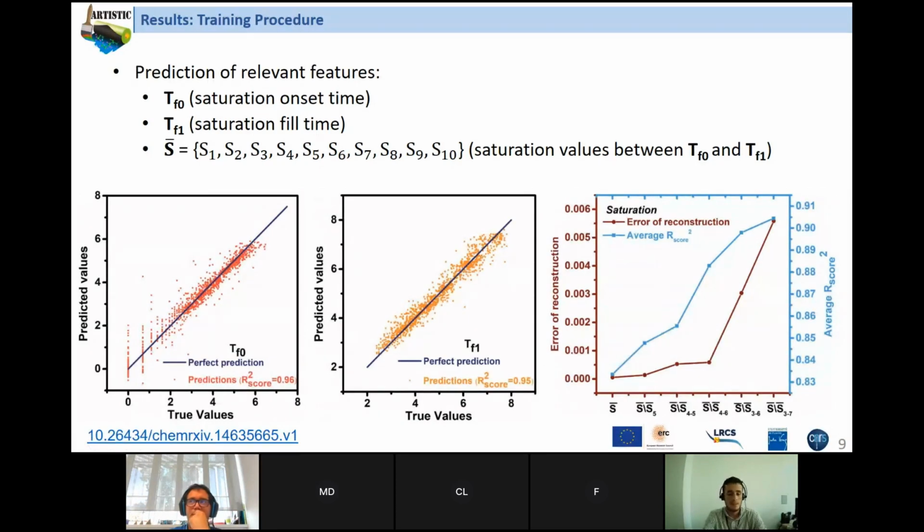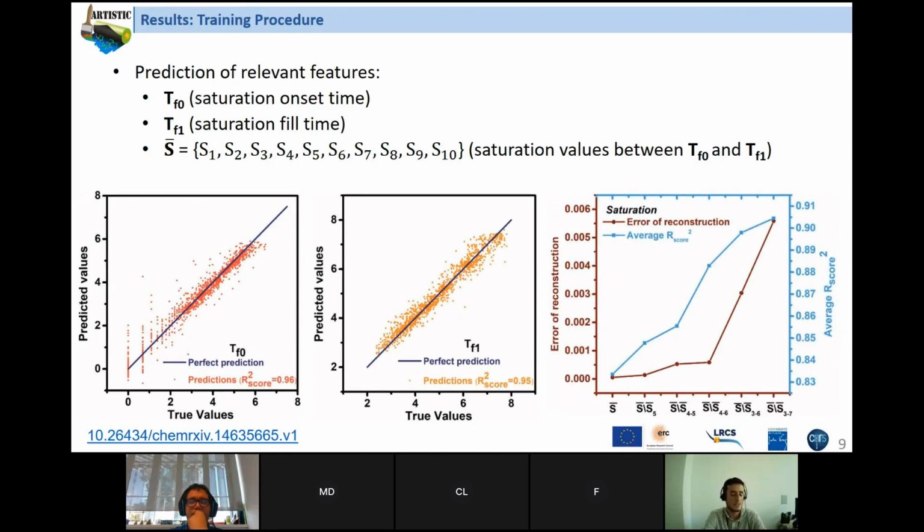And of course, this came at the cost of having fewer intermediate points to describe the shape of the saturation curve. So this basically leads to an incremental loss of accuracy for the reconstruction of the saturation curves, starting from the predicted saturation values, right?